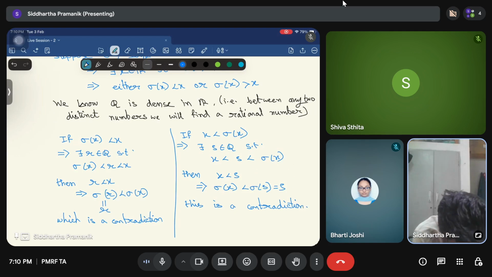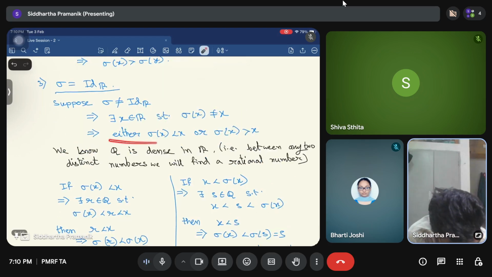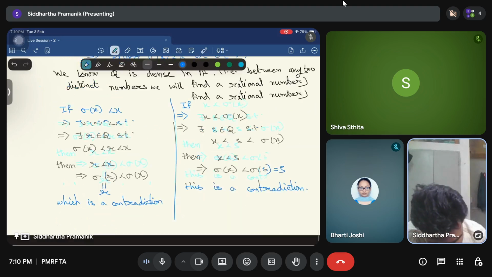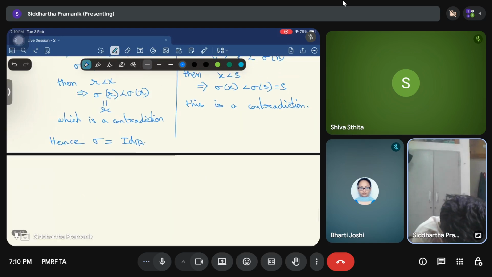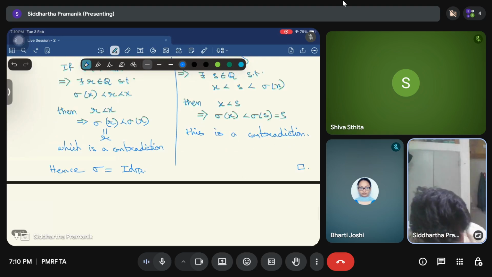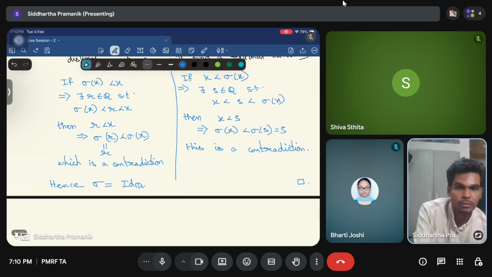So in both cases we are getting a contradiction. So this cannot happen. So what is wrong? We have assumed that sigma is not equal to the identity. So this is wrong. So hence sigma has to be the identity map. This completes this proof. So, is it okay?